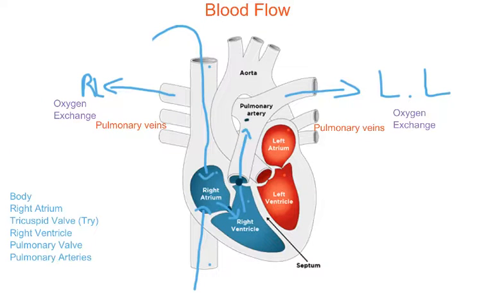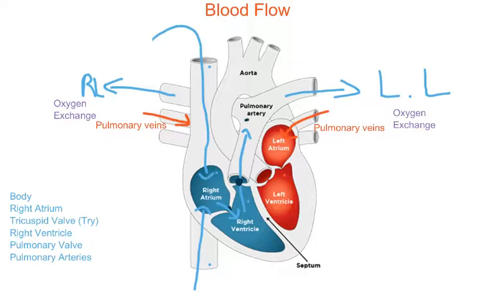In the lungs, we have oxygen exchange. We get rid of the CO2, and we take in some oxygen. Once we do the oxygen exchange, we go back into the heart through the pulmonary veins. We have them on both sides.